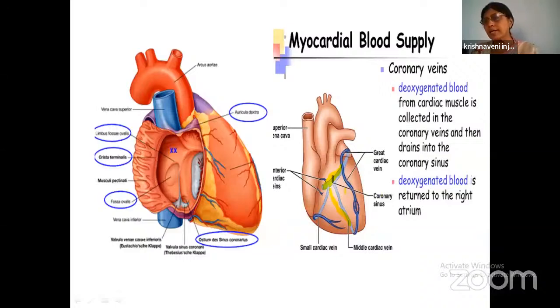This coronary sinus opens into the right atrium. Okay, so now the right atrium receives blood through the 3 ways. One is the precaval vein, another one is the postcaval vein, the third one is the coronary sinus. The coronary sinus collects the blood from the wall of heart, that is from the myocardium.